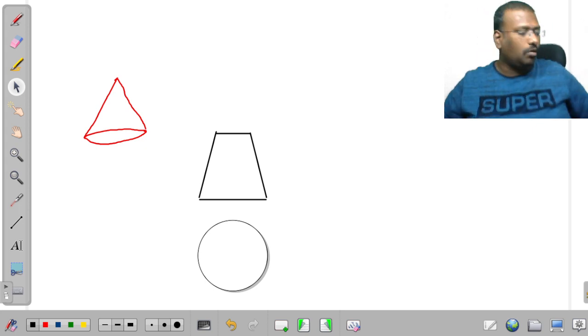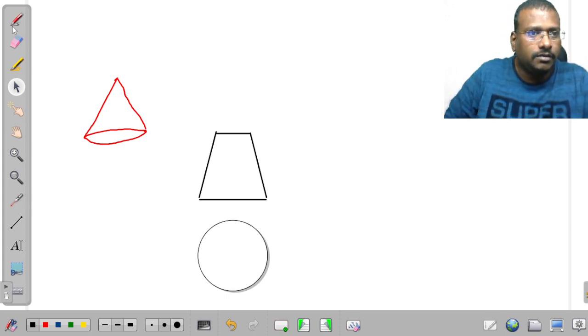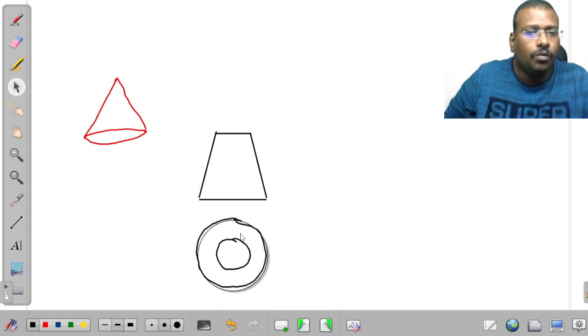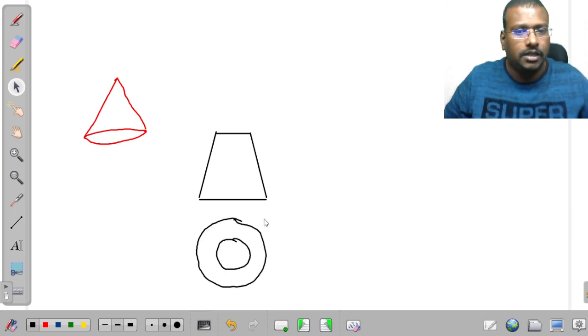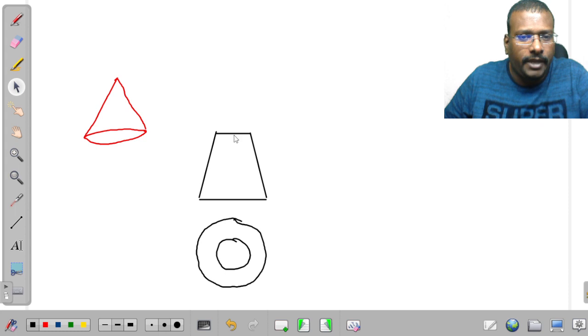Both the circles are going to be obtained. So inside another circle will also be there. So here we are going to get the object like this. This is one view, this is the other view, but we won't use this cone.